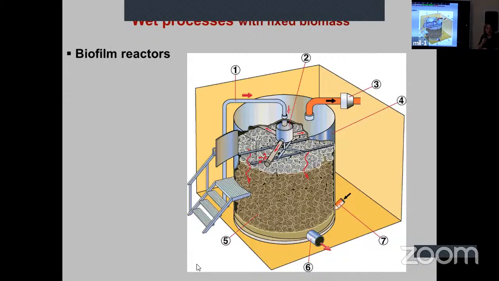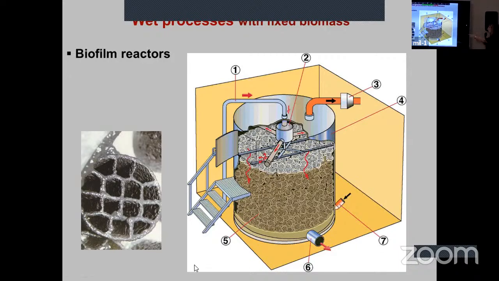There are some biofilm reactors of biomass on some plastic supports. And also, in the big picture, the supports are mobile, and on the left, it is cloisonné, a fixed support. You can see that the bacteria are growing on the wall of this support.